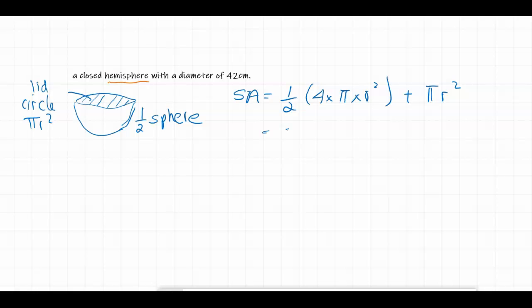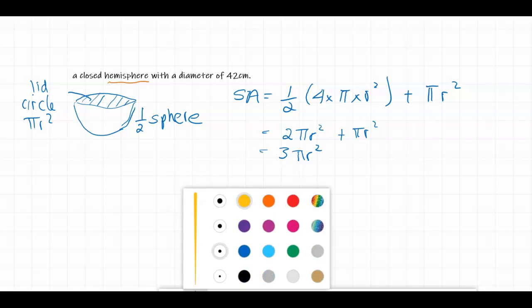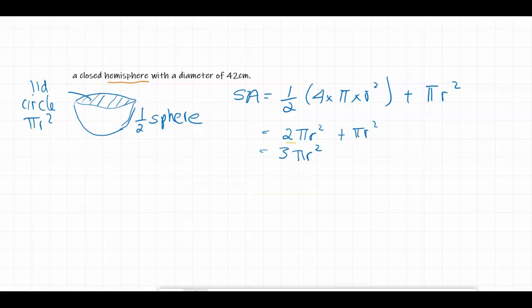Half of 4 is 2, so that's 2 pi r squared plus one more pi r squared. How many pi r squareds have I got? I have 2 of them and I add one more, so I end up with 3.